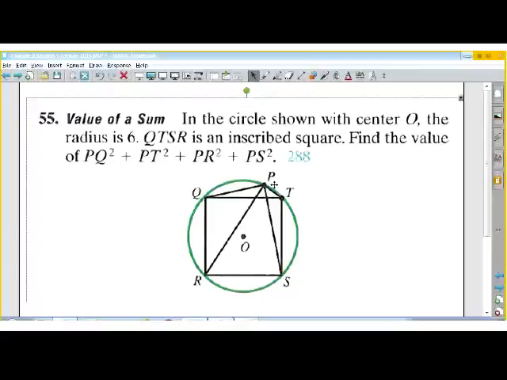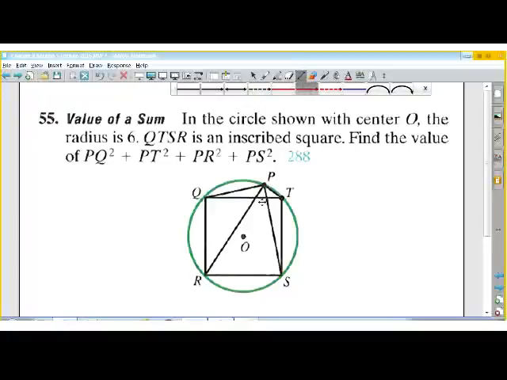So the question is, how do you figure that one out? Well, because we have stuff squared, it's probably something to do with the Pythagorean theorem. What we need to do is find parts of right triangles that somehow are related to each other. Okay, so it says that the radius is 6.